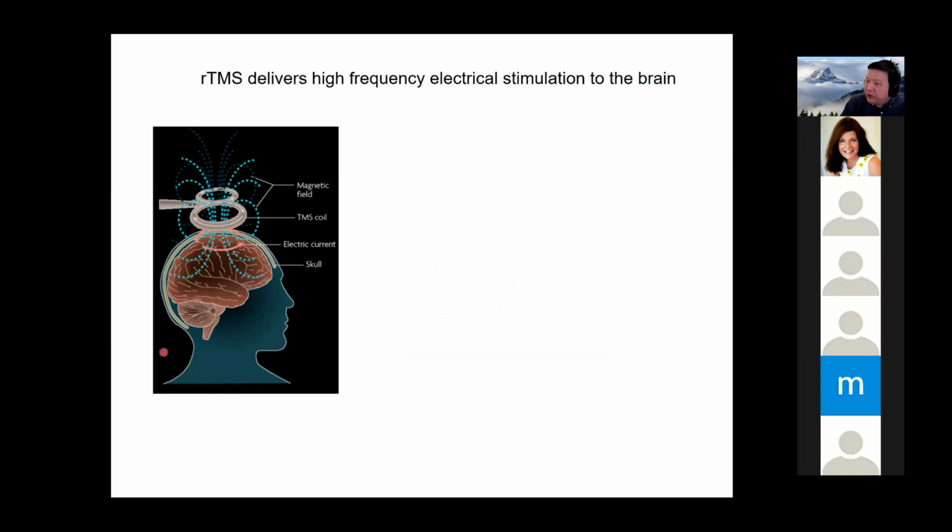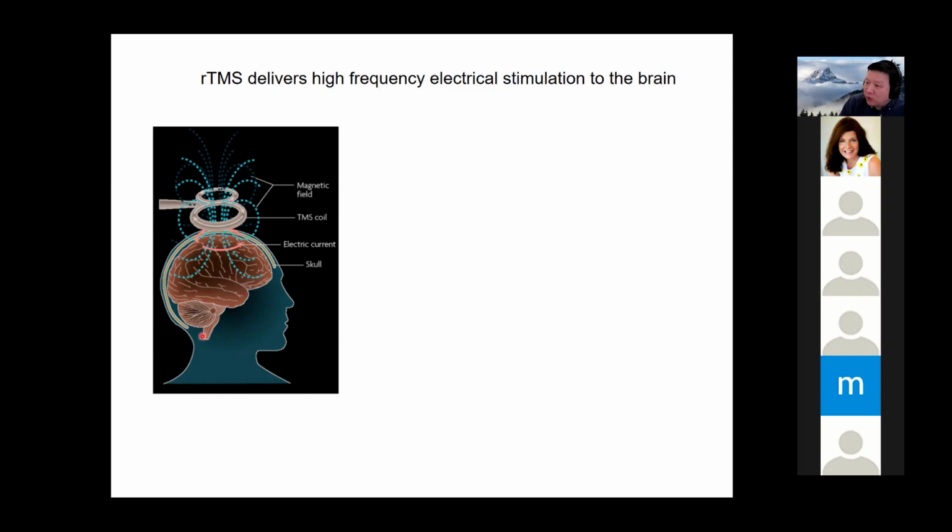This is an illustration of the principle of rTMS. So electrical current is sent through a wire coil, which generates a pulsing magnetic field according to the laws of electromagnetic induction. The magnetic field penetrates the skull non-invasively and induces a pulsed electrical field in the brain tissue.